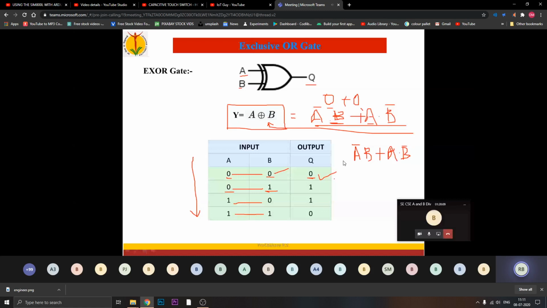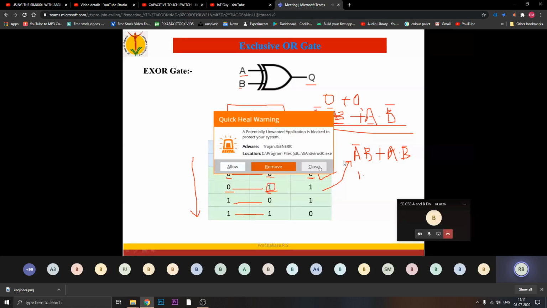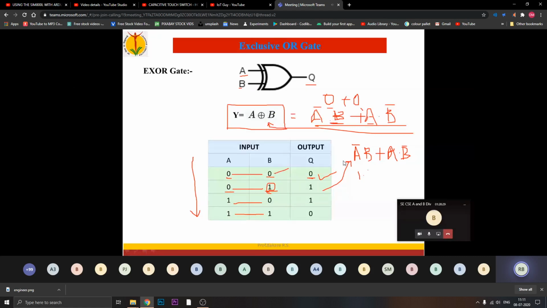Now apply the second combination to this equation. A equal to 0, that means 0's complement forms 1. And here B value is 1, so we get 1 into 1, which is 1.